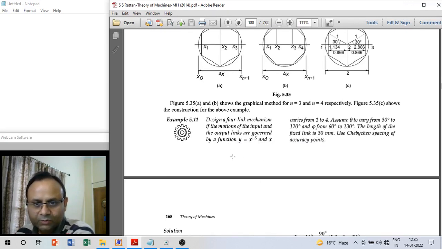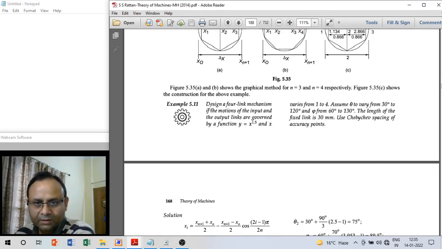Let us go through this example also. It says design a four link mechanism if the motion of the input and output link are governed by this function y equals x to the power 1.5. x varies from 1 to 4. Correspondingly, theta varies from 30 to 120. Okay, this is the angle of the input link.